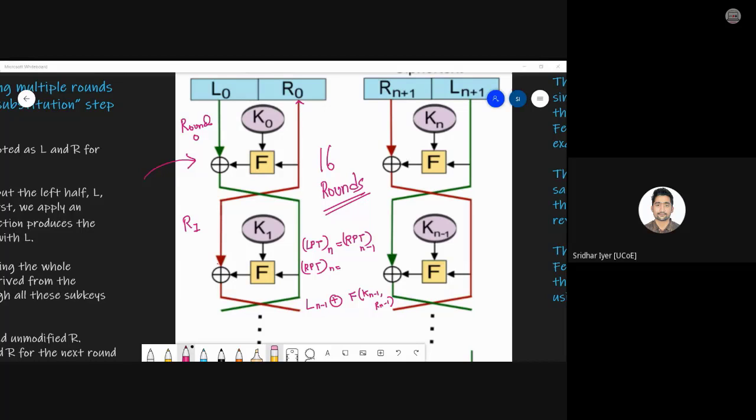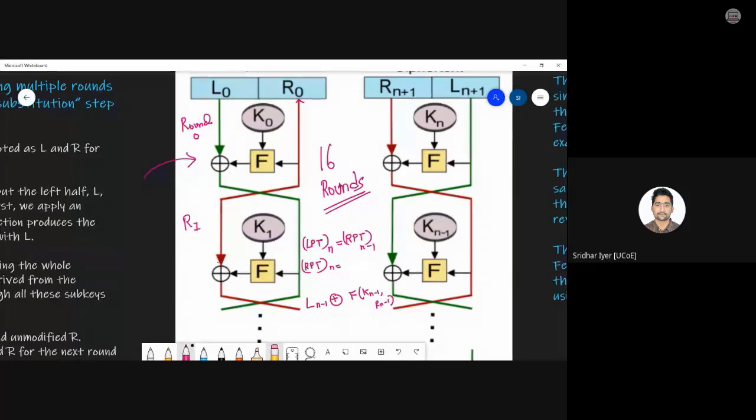So after each round there is a swapping operation: we simply swap the left plain text with the right plain text. This process keeps on continuing till the 16th round, and at the end of the 16th round, we will get the answer. Am I clear now? Fine. Can we move ahead?